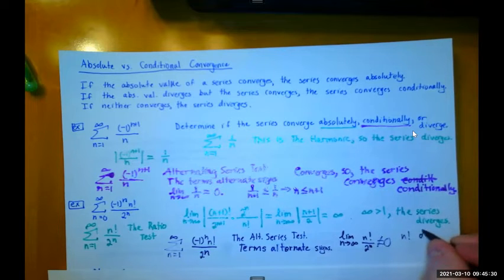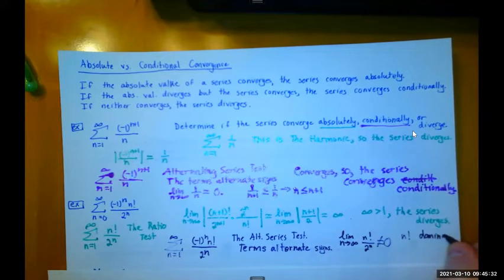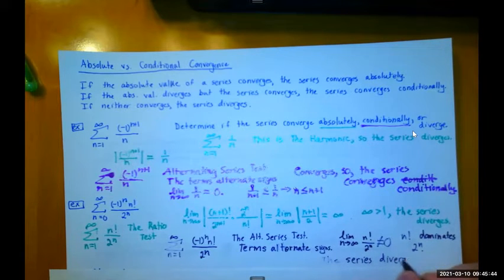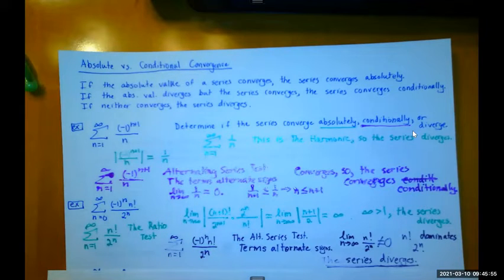N factorial dominates 2 to the n. The series then diverges. Straight in the bin with that one.